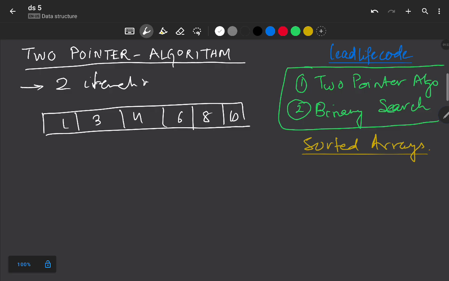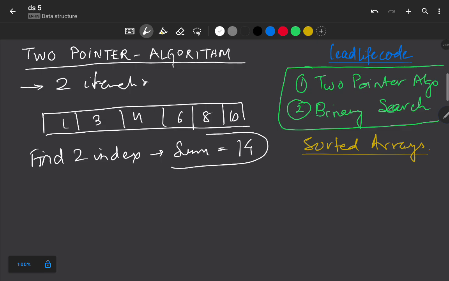One of the problem statements that normally gets asked is: find two indexes whose sum equals a target, let us say 14 for this example. They will give you a target value and want you to find two indexes or values in that array that add up to this sum.